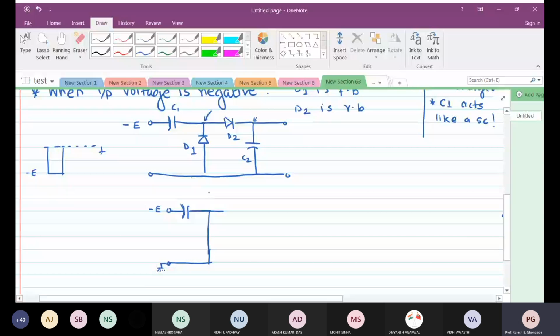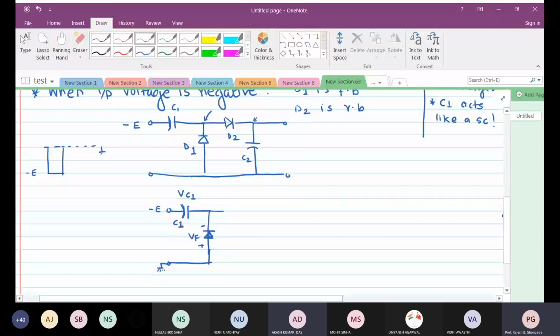So what is the voltage across the capacitor now? What will the capacitor be charged to? Please don't forget that the diode has a forward voltage drop of Vf. So this is plus, this is minus. What will be the voltage across the capacitor C1?